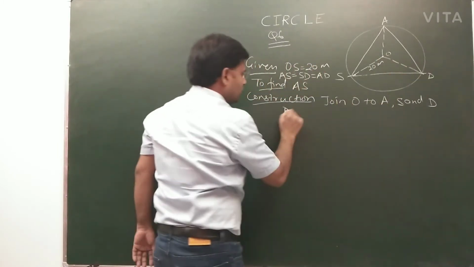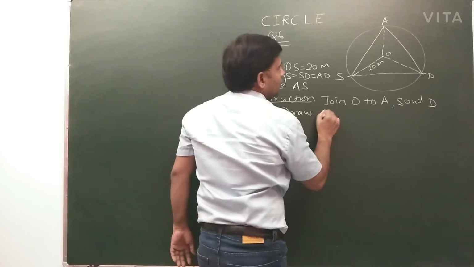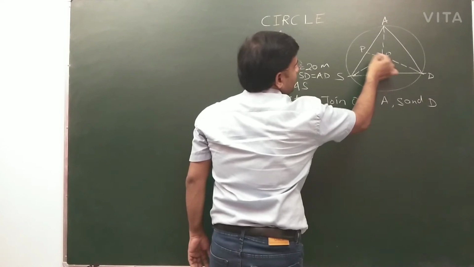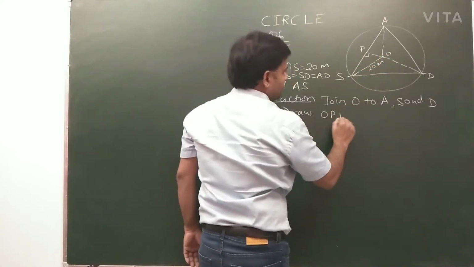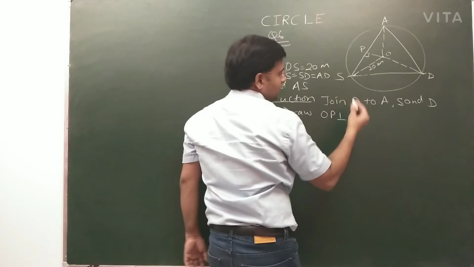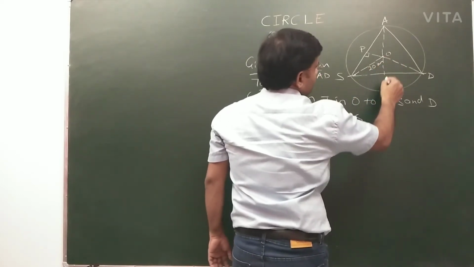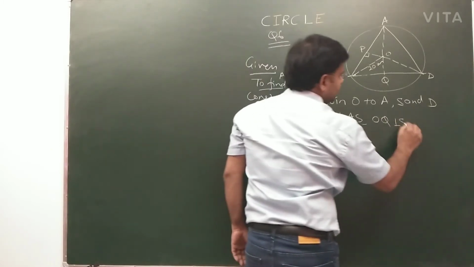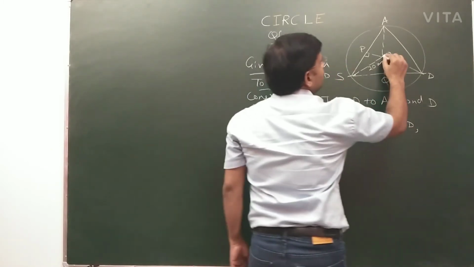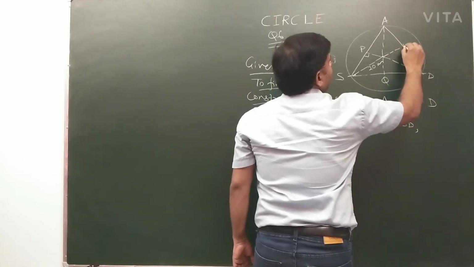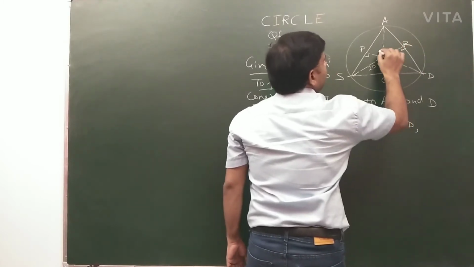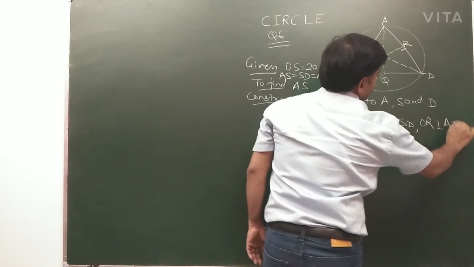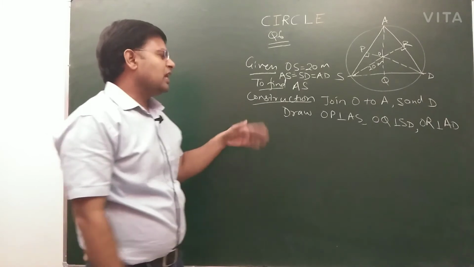Next you draw, let's say this as P, OP perpendicular to AS, OQ perpendicular to SD and OR perpendicular to AD. So now we have to see how we can find the result.